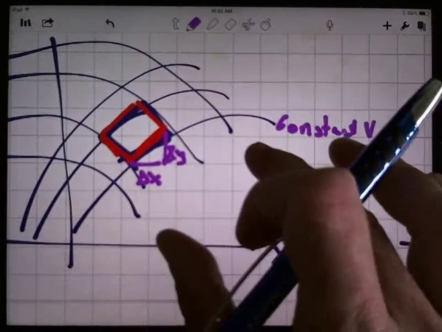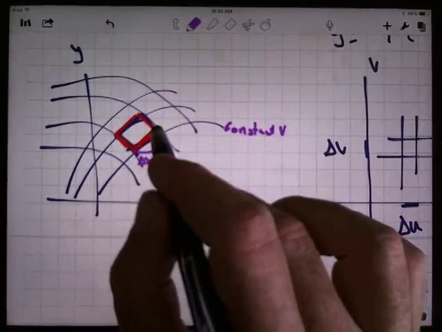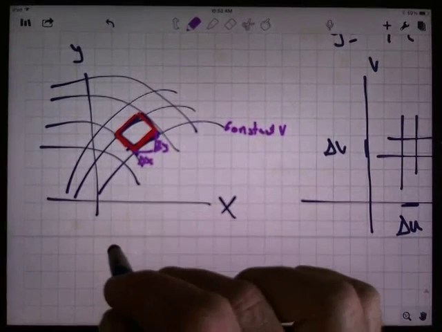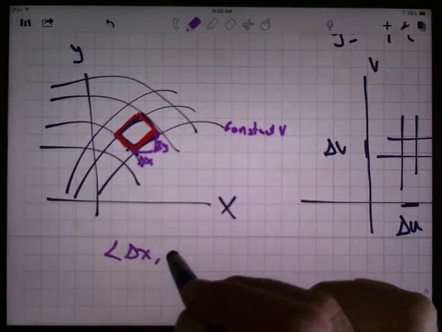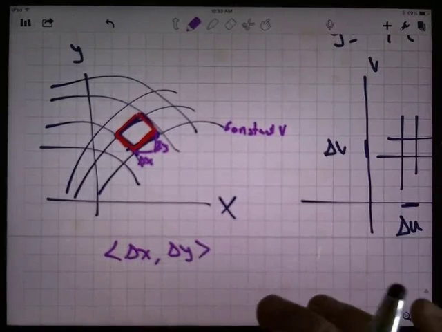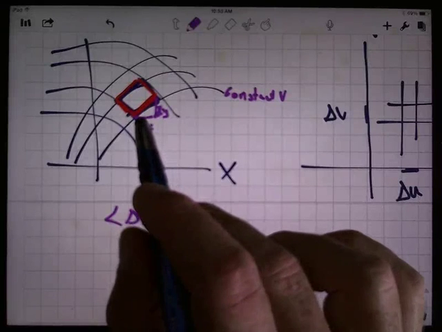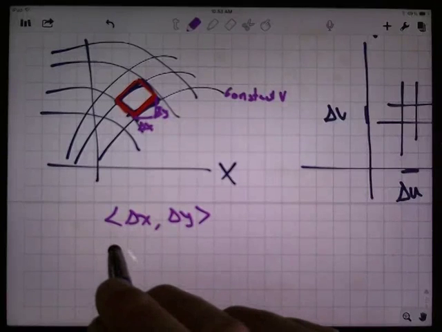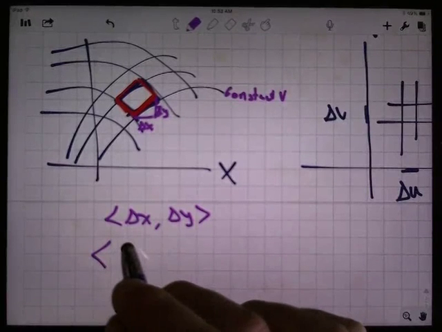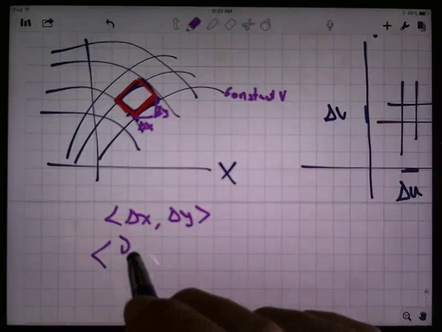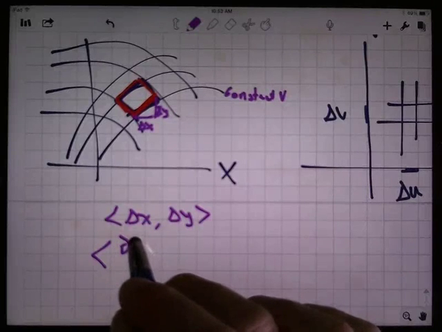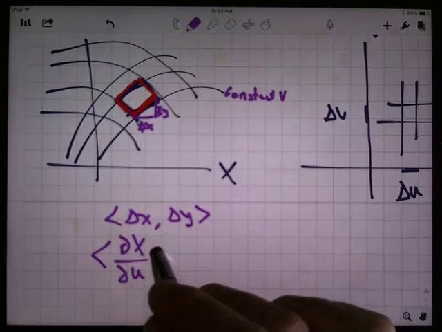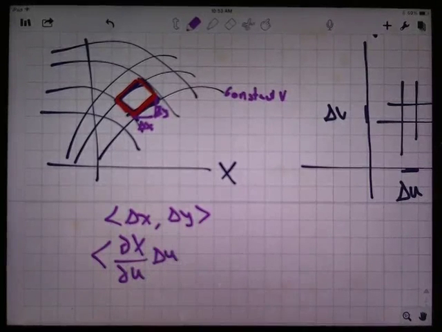That vector is essentially delta x, delta y, but delta x, I claim, is going to be the partial derivative of x in the direction of u times delta u.